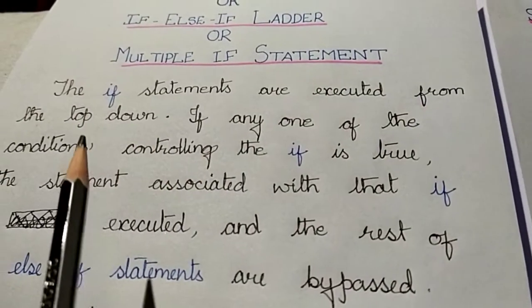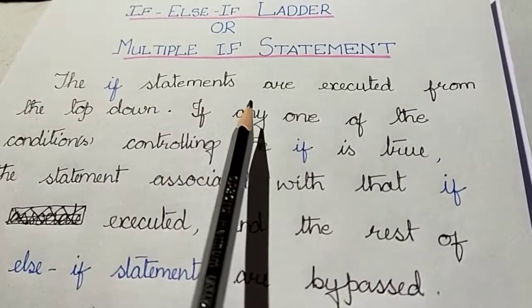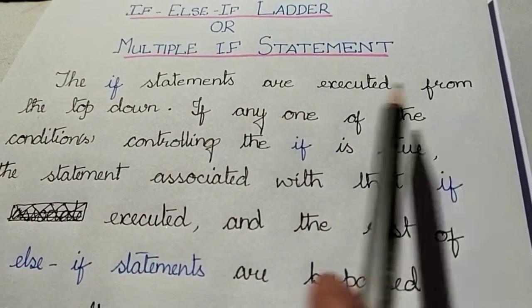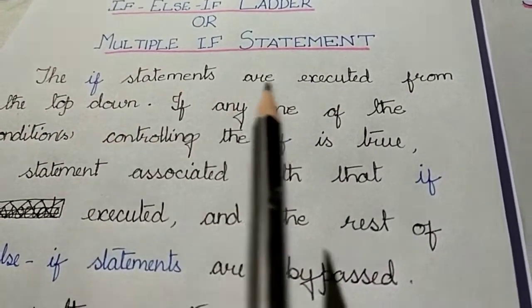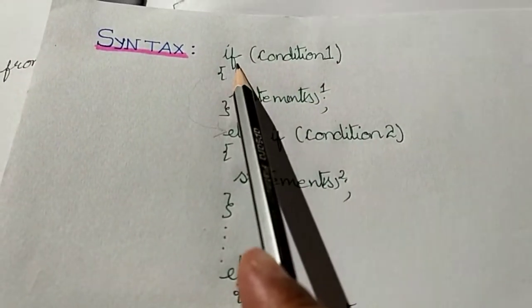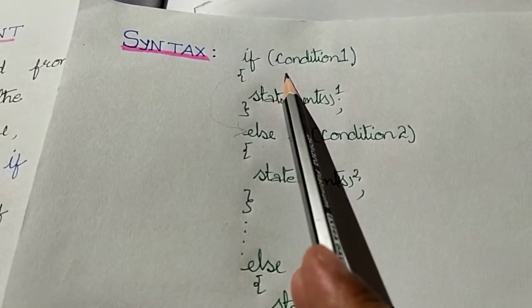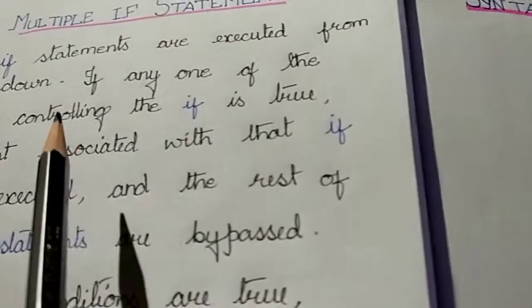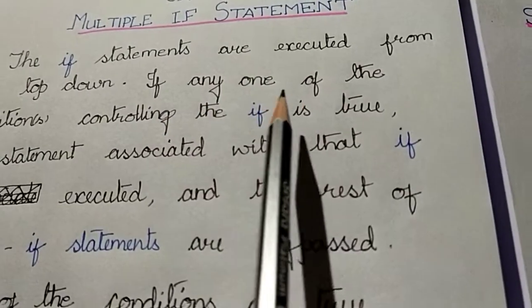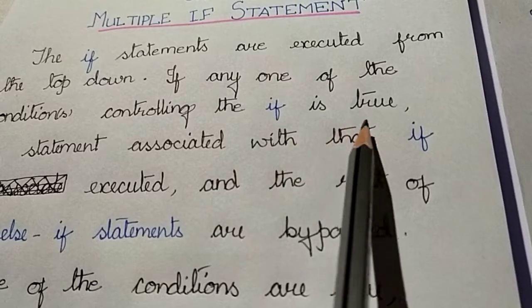So you will see over here in the very beginning, I mentioned that the if statements are executed from the top down. Over here in the syntax, the first statement is if, followed by the condition. Then next, I mentioned if any one of the conditions controlling the if is true.